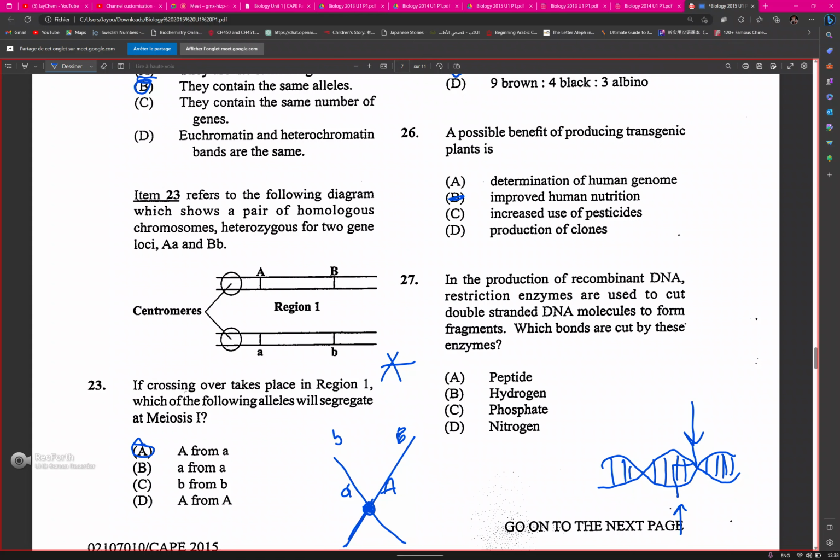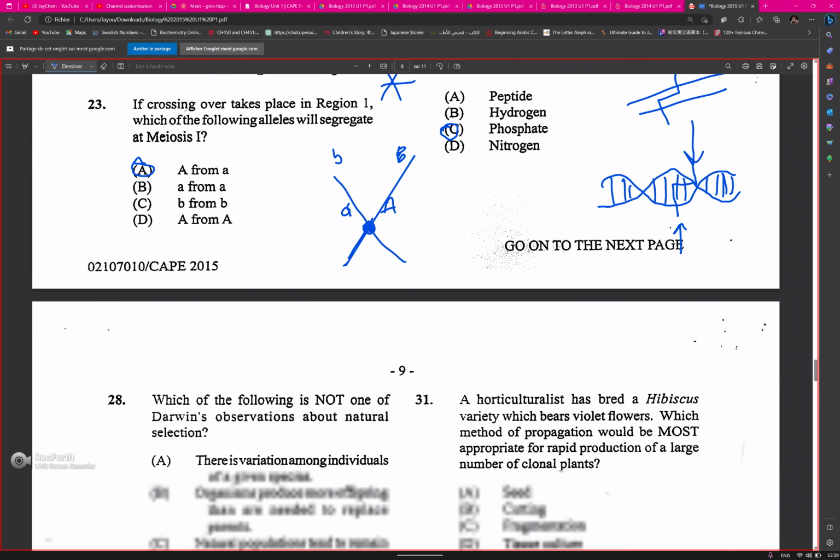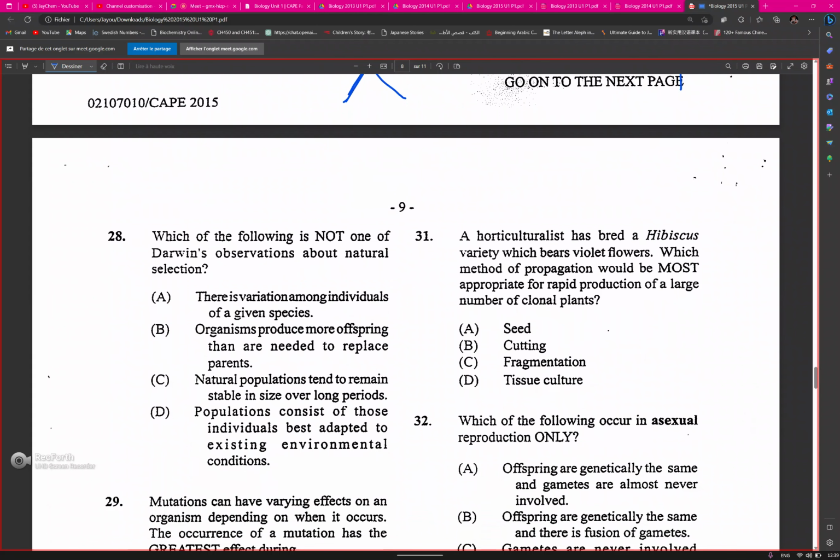The bases are still combined, except for the sticky regions, but they're cutting through the entire DNA. So a restriction enzyme will most likely focus on the phosphate backbone. You'll have to cut through the backbone. So that would be the most likely answer. Following? Yes, sir. You have to cut through the sugar-phosphate backbone.